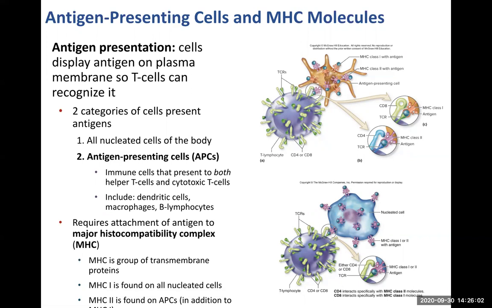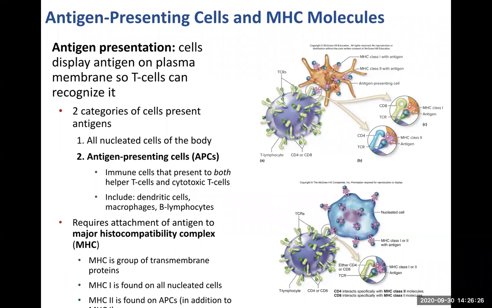Professional antigen presenting cells, and the acronym for that is APC, are the B cells, dendritic cells, and macrophages. These cells specifically present antigen in the context of MHC2, and that is how T helper cells are able to recognize antigen, okay?